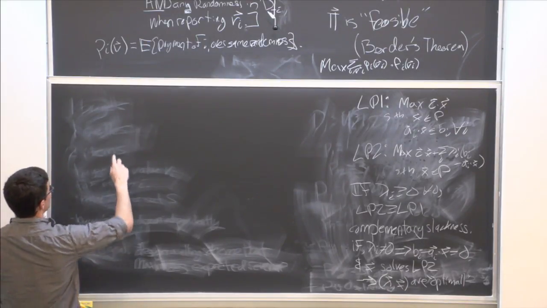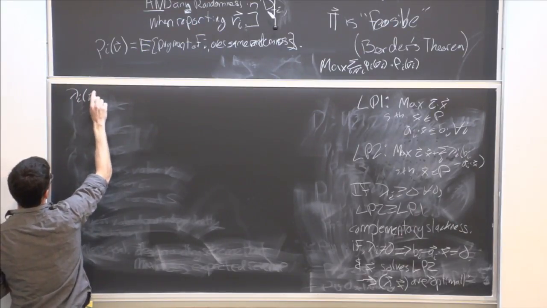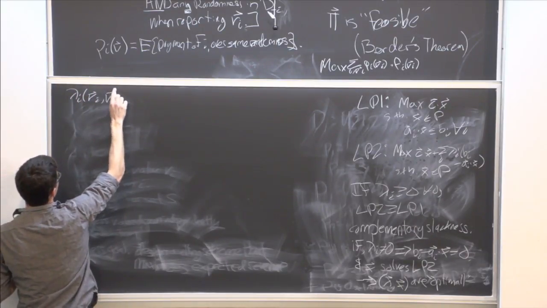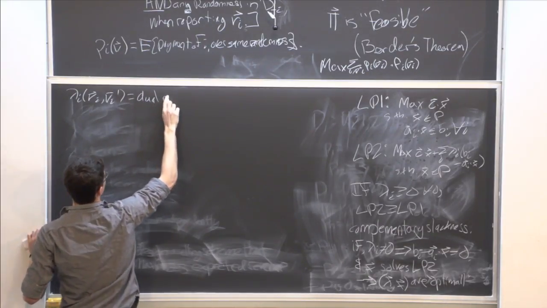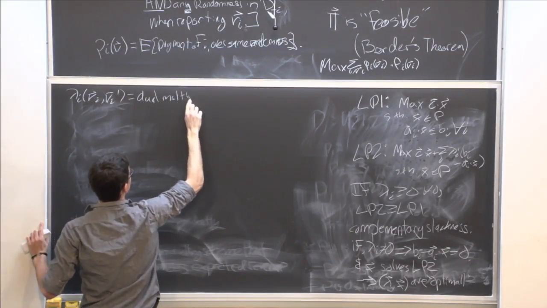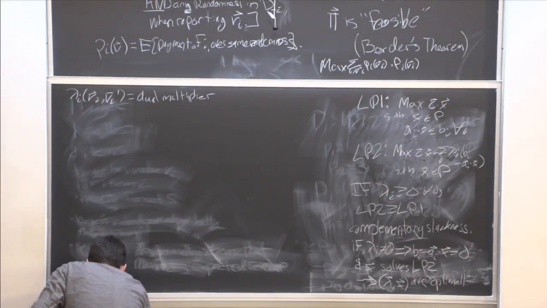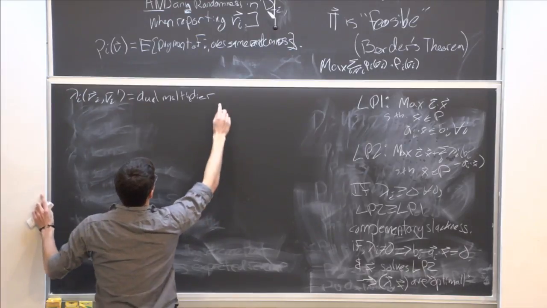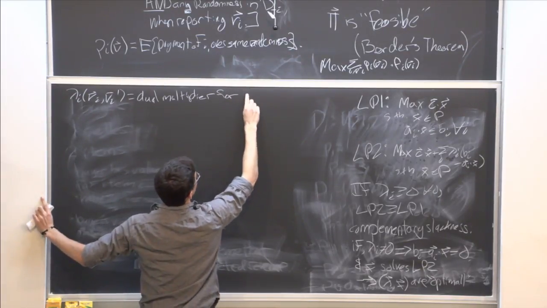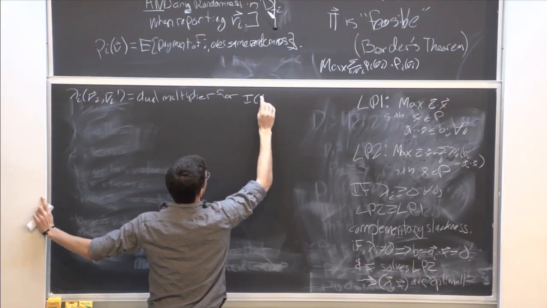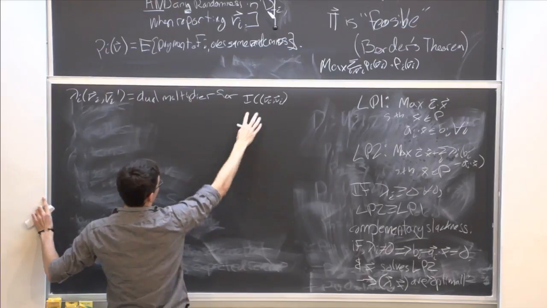Okay, so I want to use this notation, lambda I of vi, vi prime, and this is going to be the dual multiplier for the IC constraint.